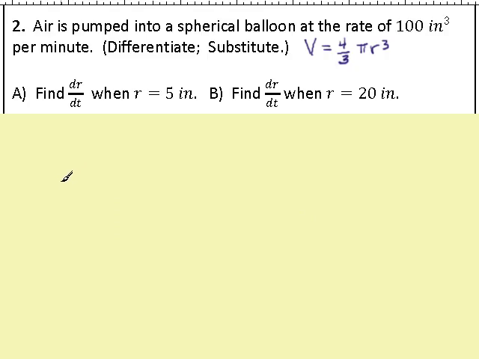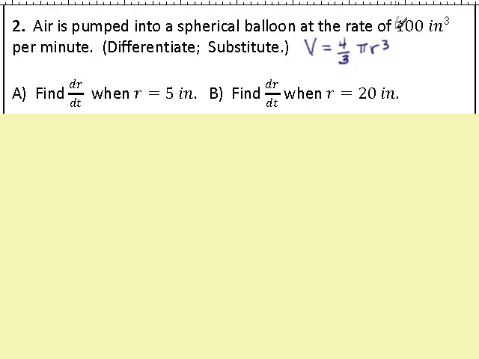Okay, so here's our first related rate problem. This says that air is pumped into a spherical balloon at the rate of 100 cubic inches per minute. We're going to be using the volume of a sphere. That's the equation that we'll be differentiating. And we want to find dr/dt when r is equal to 5. That's part A. So what are we given? We have to understand what we're given.